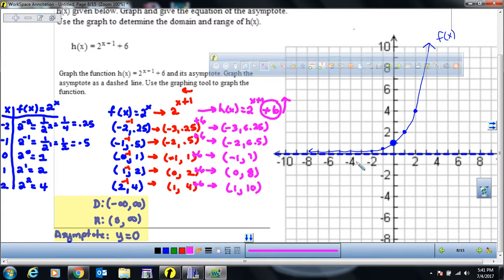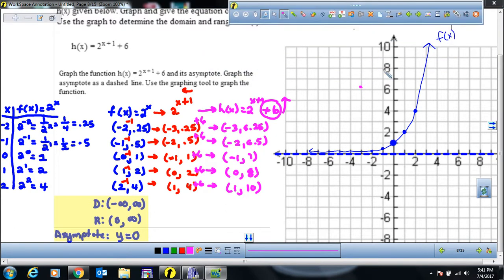So then we're going to graph this one. So -3 and 6.25, it is going to be right here. The next one, -2 and 6.5, it is going to be here. -1 and 7, it is right here. 0 and 8, it is right here. And 1 and 10, it is right here. So the graph of this function is going to look like this. And it keeps on going up, right?